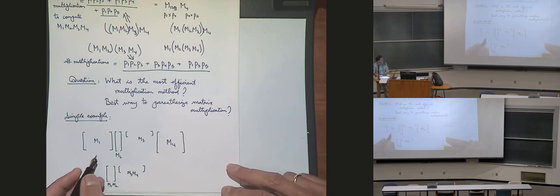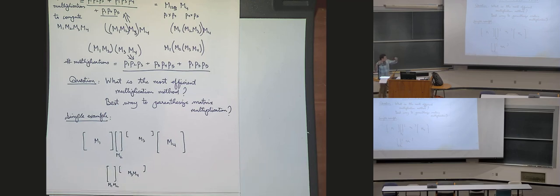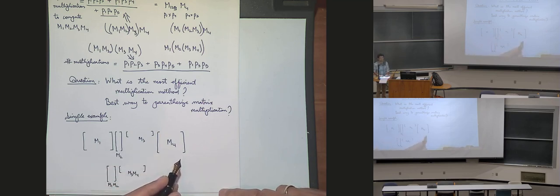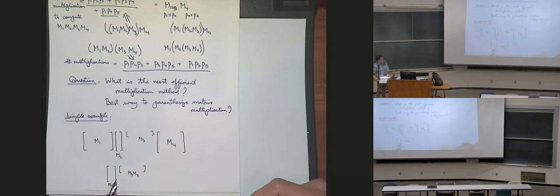So the question is, it seems like you would like to get these really off-sized matrices in the middle so that you can save on calculations. If you did it just one by one versus some other way, the number of multiplications could be different. Does this make sense?